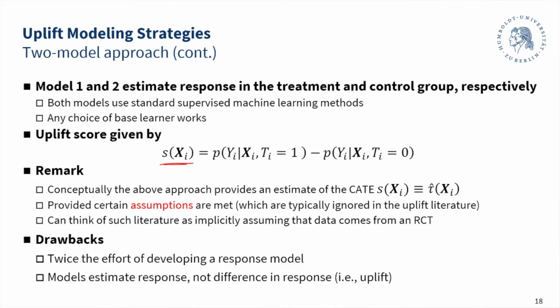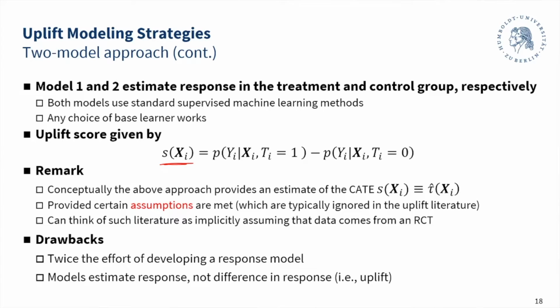This is exactly how the conditional average treatment effect is defined, which also means that any type of approach ever developed in the econometrics literature providing us estimates of the CATE could be used for uplift modeling.